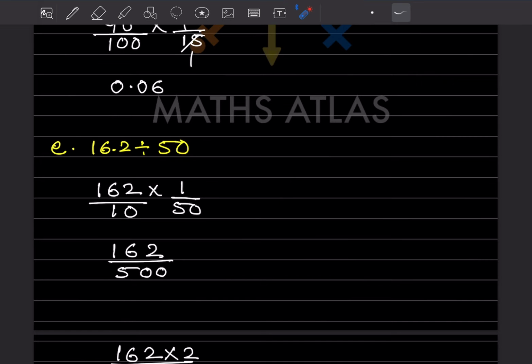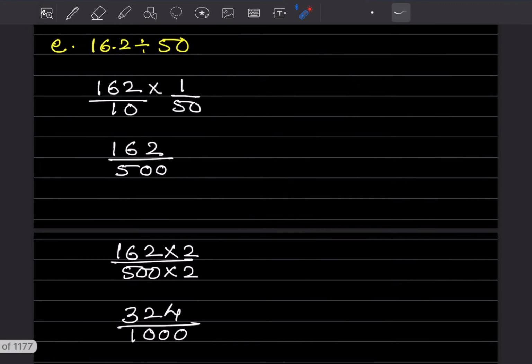So what can we do? 162 divided by 500. This we can do by simplifying, but to make it simpler, we'll look at the denominator. The denominator should be 1 and zeros. So if we multiply 500 by 2, we get 1000.